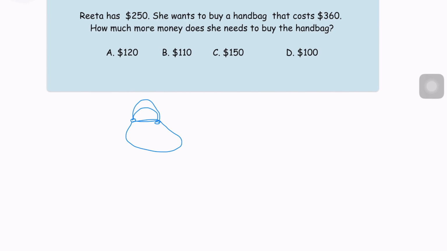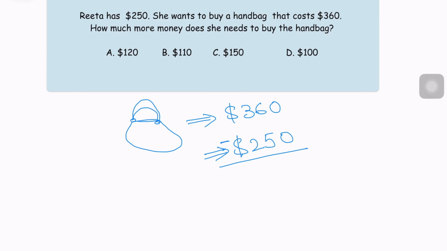So this is the bag, and she wants to buy this bag, and the price of this bag is $360, right? And Rita has only $250. So how much more money does she need so that she could buy the bag? So clearly we will subtract 250 from 360 and we will get the answer.